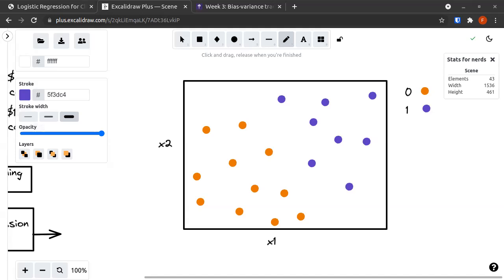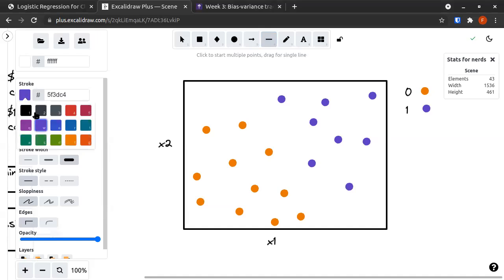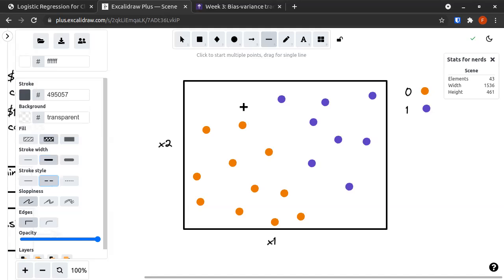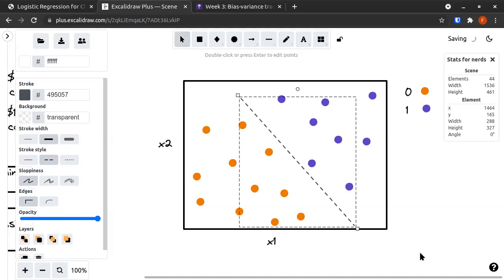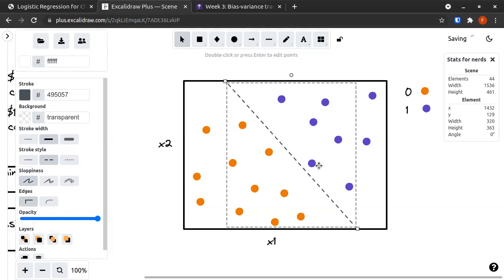So you can see from looking at it that you could potentially just draw a line. Let's draw a line like this. And this line separates the two classes. We're going to call this line a decision boundary.